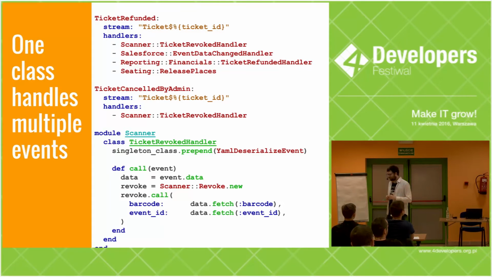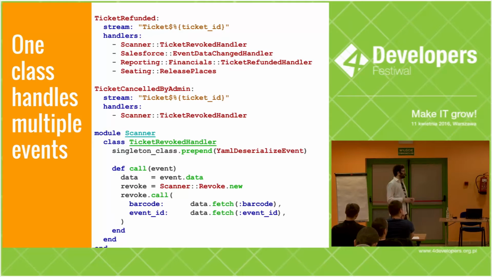And at some point you will realize that in some situations, one of your handlers can actually handle multiple events the same way. So here is an example from our system. We have 2 similar sounding events, ticket refunded and ticket canceled by admin. And you might think, well, they are almost identical. Well, in some subsystems, they are.